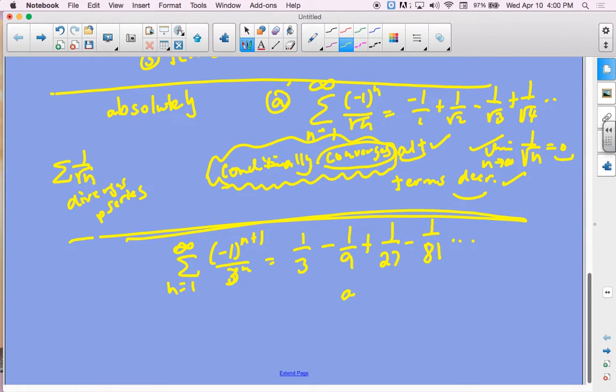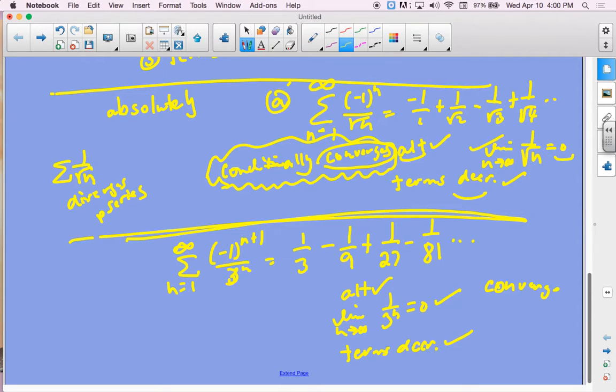This is alternating. The limit of 1 over 3 to the n as n goes to infinity is 0, and the terms are decreasing. So I can validly use the alternating series test to say that this is convergent.